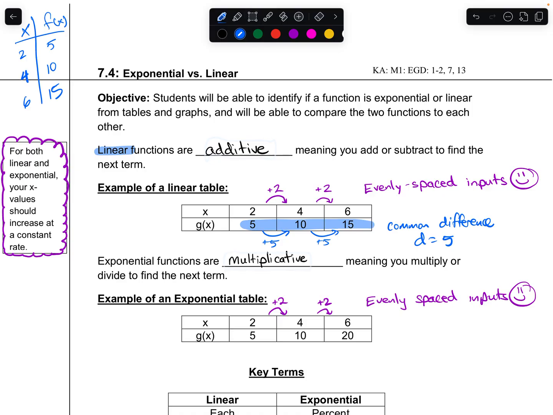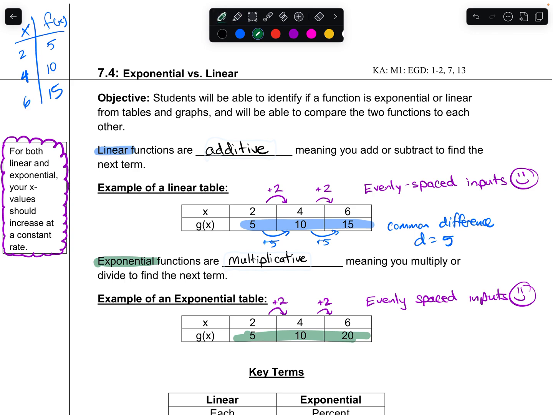The next blank says exponential functions are multiplicative. And again, all I mean by that is that if the function's exponential and you have your evenly spaced inputs, then these outputs are going to form a geometric sequence.